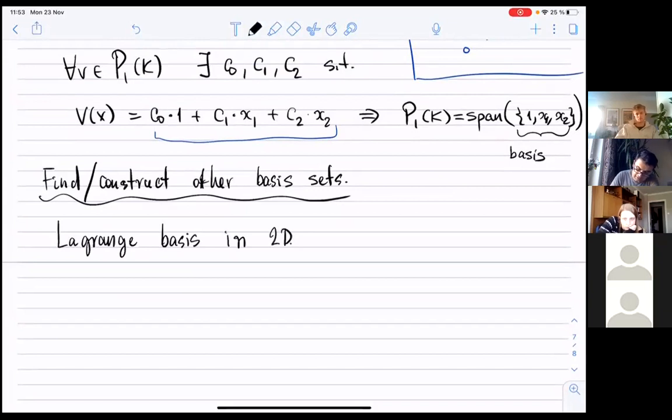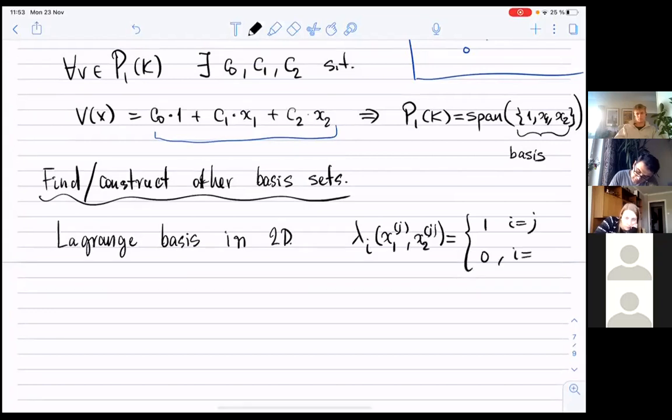The definition says that these are lambda i of x1 j, x2 j, such that it is 1 if i equals j, and 0 if i is not equal to j.